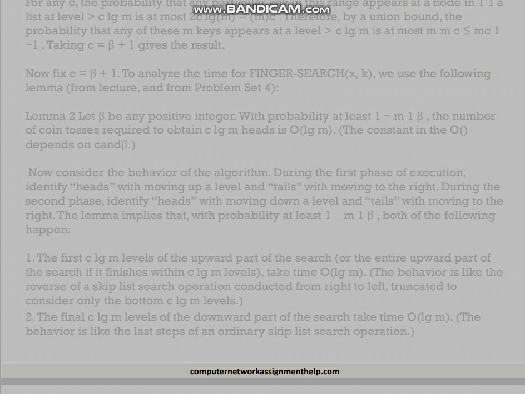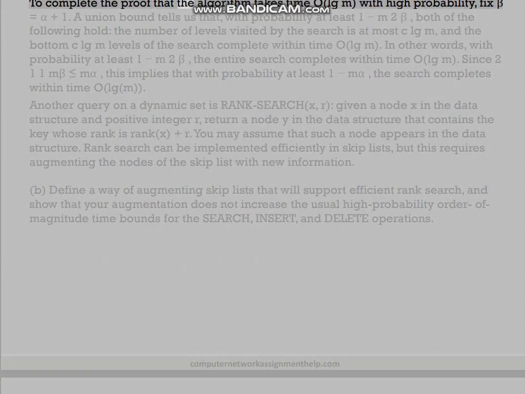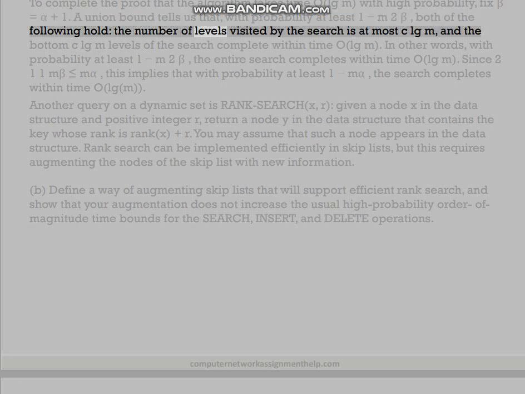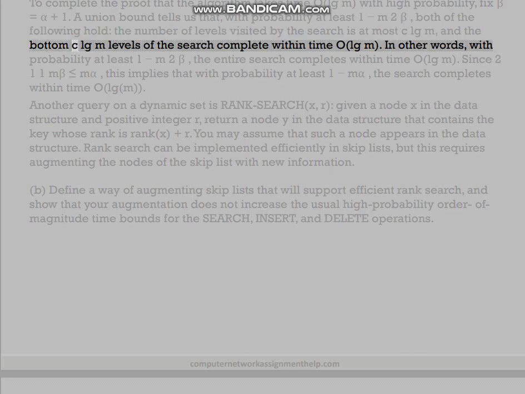To complete the proof that the algorithm takes time O(lg m) with high probability, fix beta equals alpha plus 1. A union bound tells us that, with probability at least 1 minus 2/m^beta, both of the following hold. The number of levels visited by the search is at most c lg m, and the bottom c lg m levels of the search complete within time O(lg m).